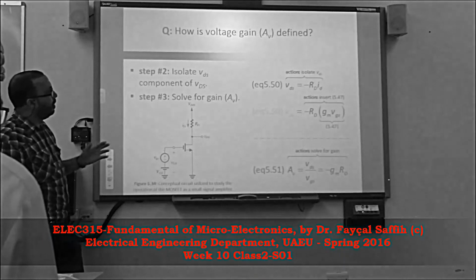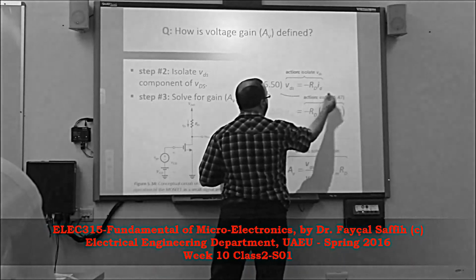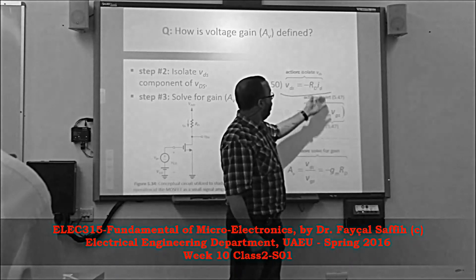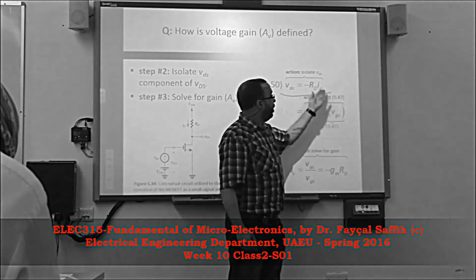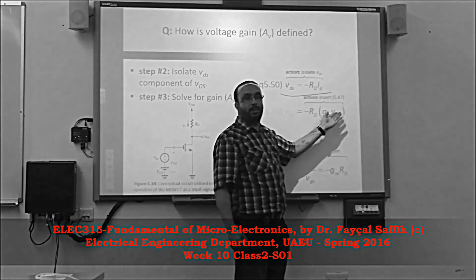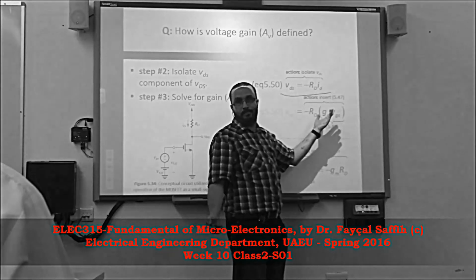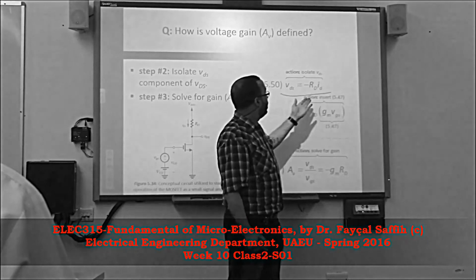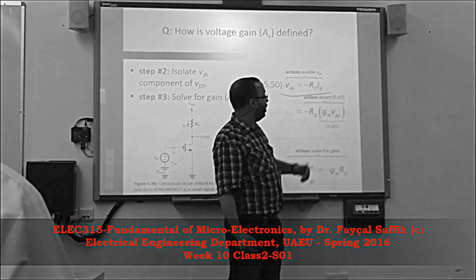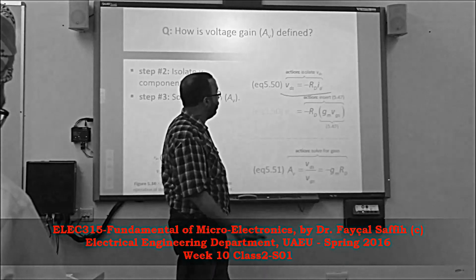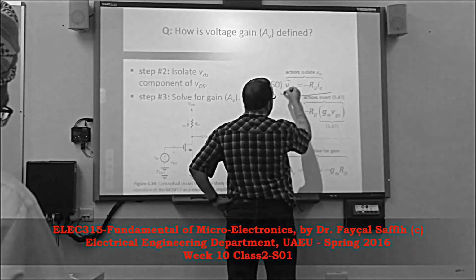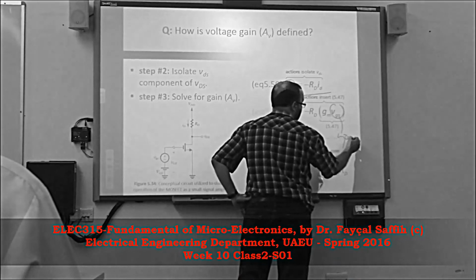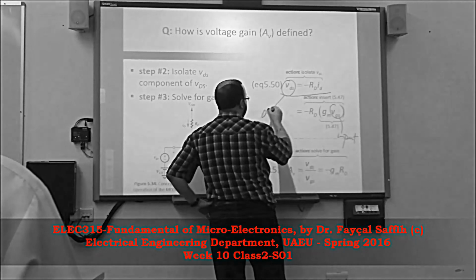Excellent. This is what we found just now. And id has a relationship with the AC vgs through gm, that we found last time. So minus RD gm vgs is going to be the AC signal here. So I have a relationship between a voltage and a voltage. This is the input and this is the output.